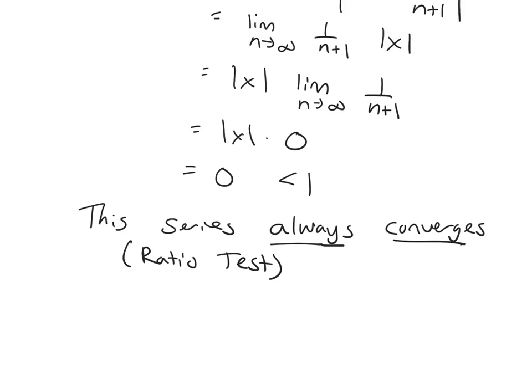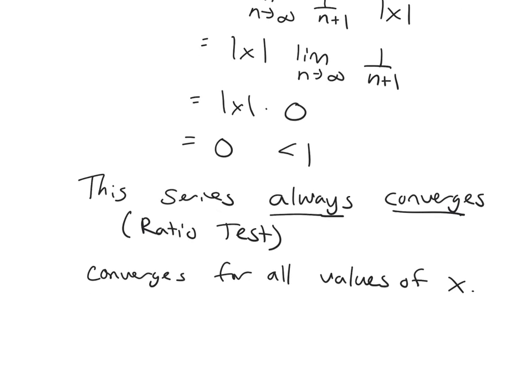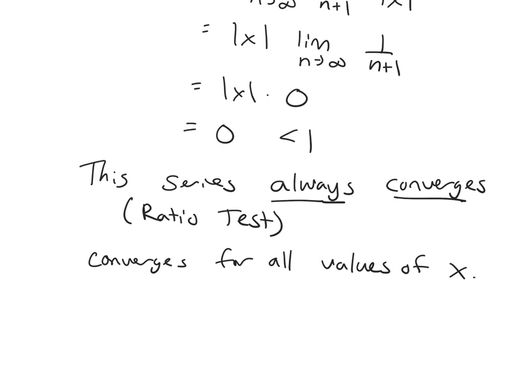So one way you could say that is it converges for all values of x. Or if you wanted to do an interval like we did in the last example, what would my interval be? At every single value, it converges. Negative infinity to infinity, all real numbers.